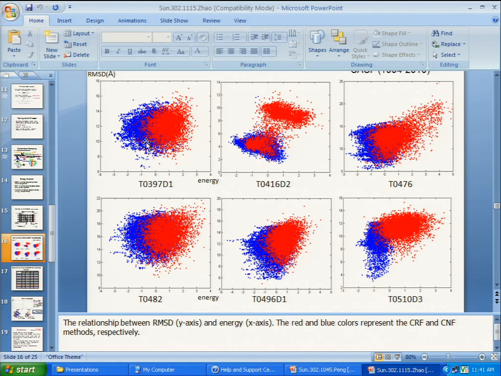We only compare on the domains instead of the whole. Actually, we use the domain cut in CASP, so the domain boundary is predicted. It's very difficult to get the correct domain boundary. In our experiment, you use the predicted domain boundary? Right, we use the predicted domain boundary in CASP. We don't use the correct domain boundary.